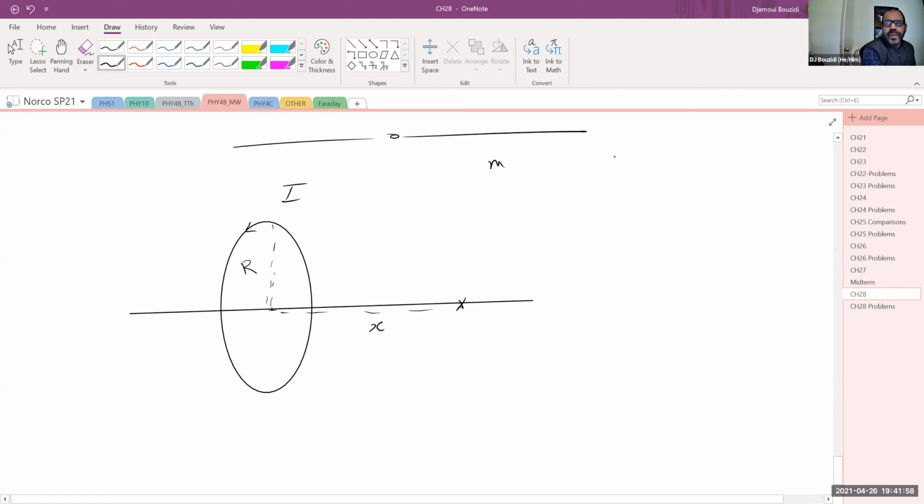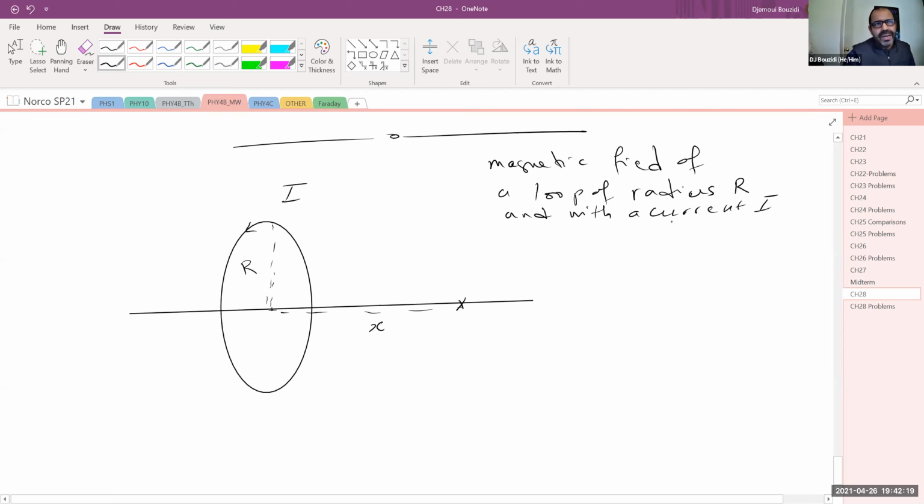So a magnetic field of a loop of radius R with a current I running through it. We want to find the magnetic field in here that this creates. Obviously, I'm going to take an element of the wire.